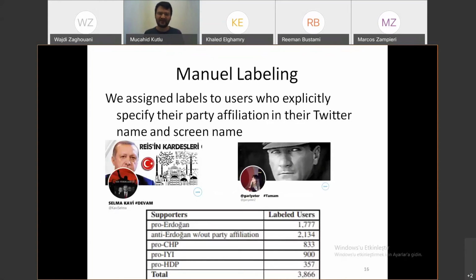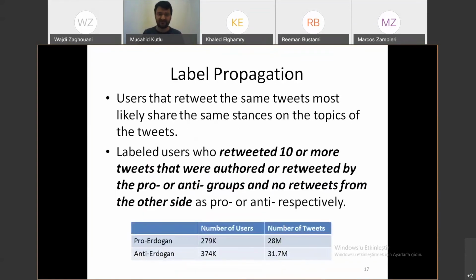Then we did a quick manual labeling process by just looking at the user descriptions and user account names. Here you see, for example, people were very loud, very open about their political influence. We could label only those kinds of accounts in this process. But by doing that, we could label 3,866 users.